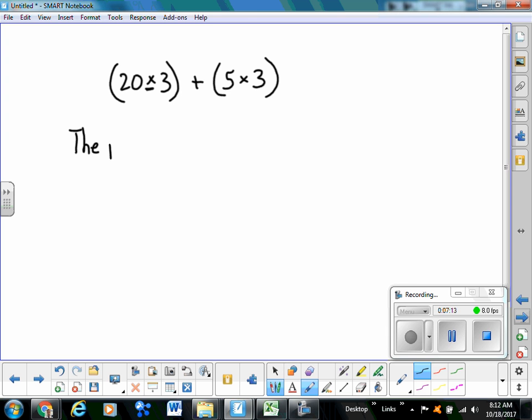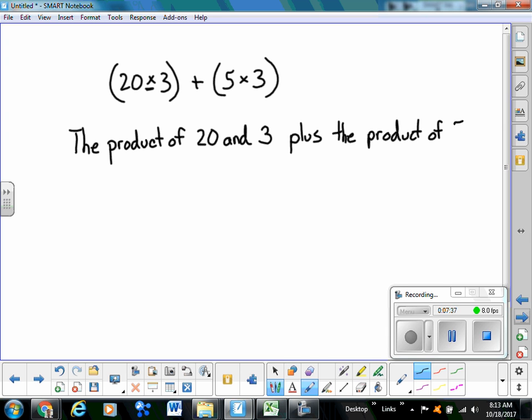Product is multiplication. The product of 20 and 3 plus, for plus, the product of 5 and 3. And I made a mistake here. This should be written out 20, 3, 5, 3.